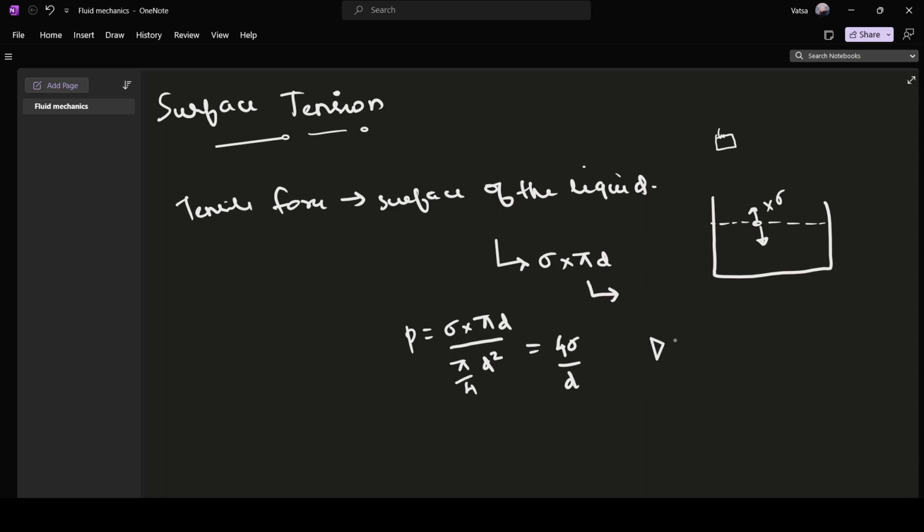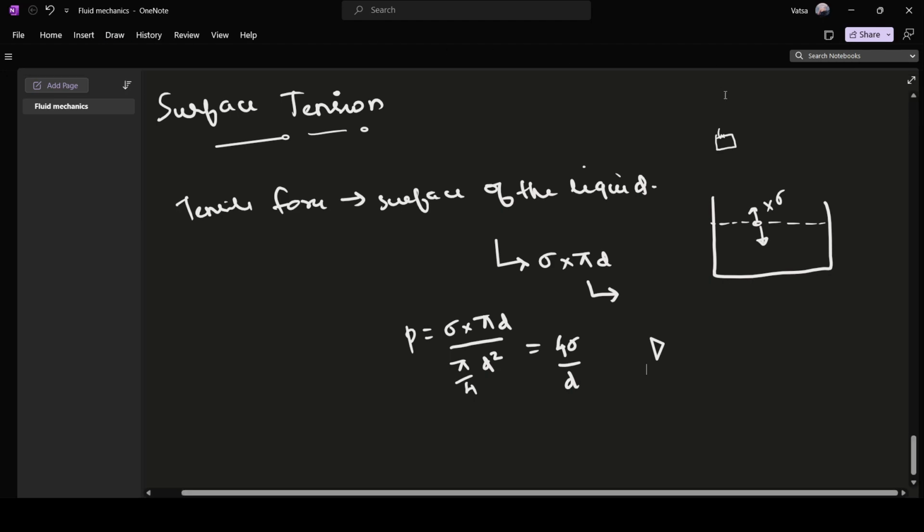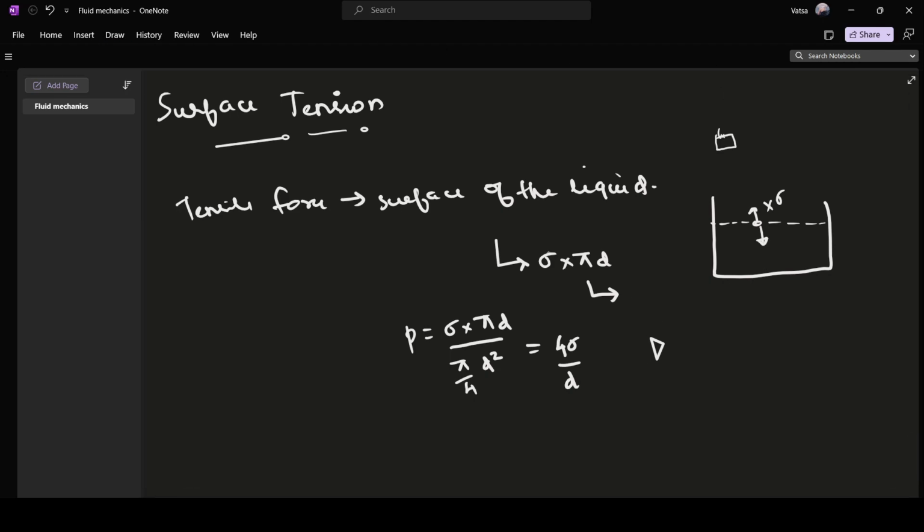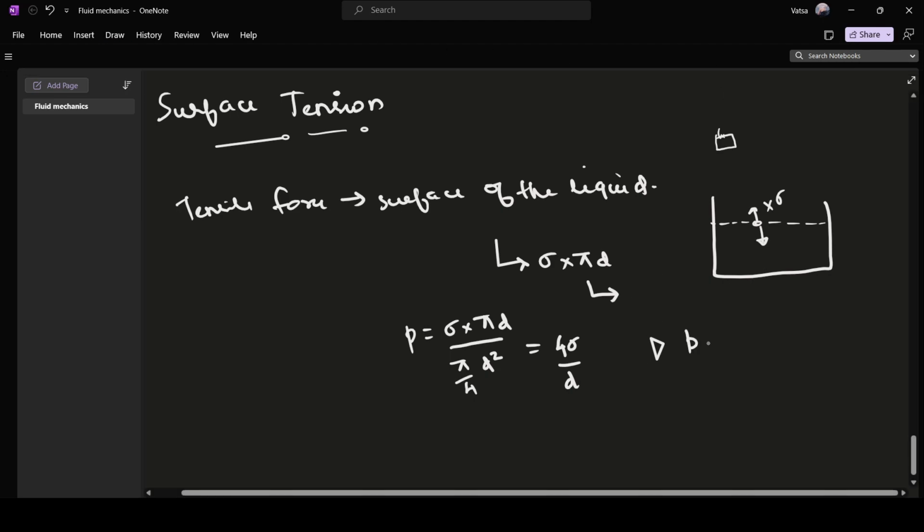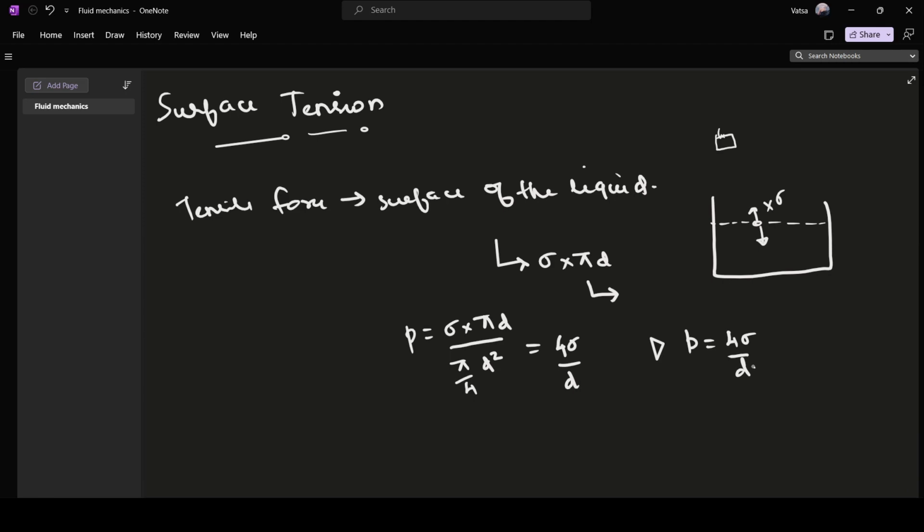So the pressure on the liquid is equal to 4 psi by d. Hope that's clear now. So that's it for surface tension.